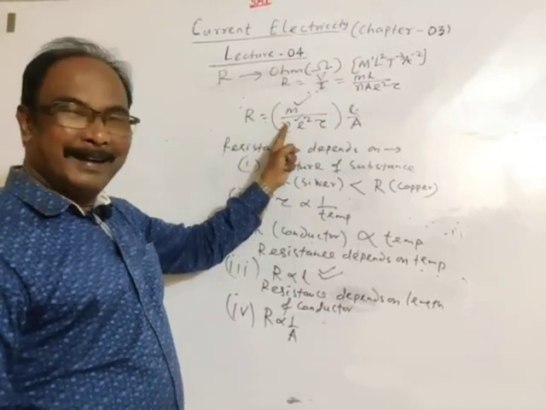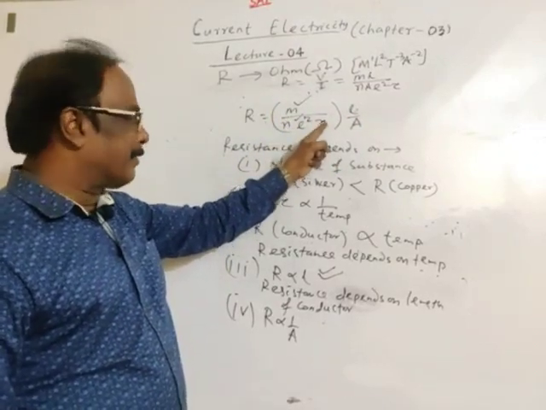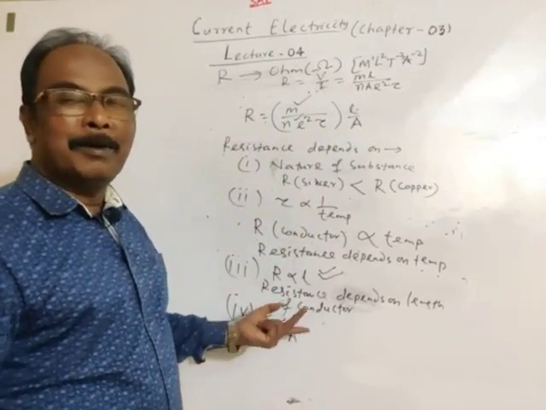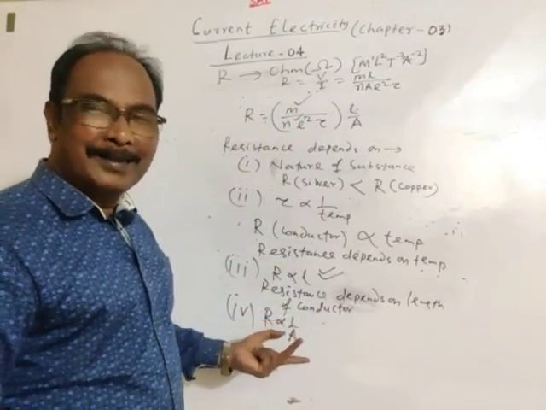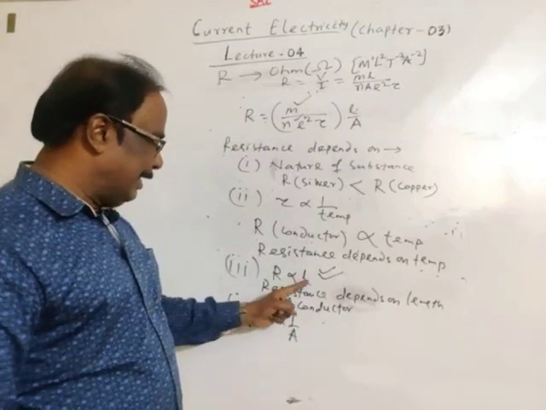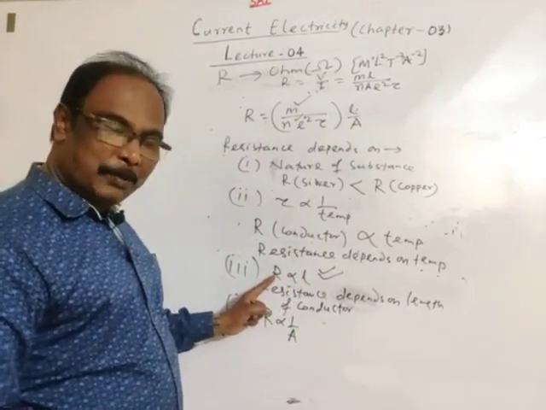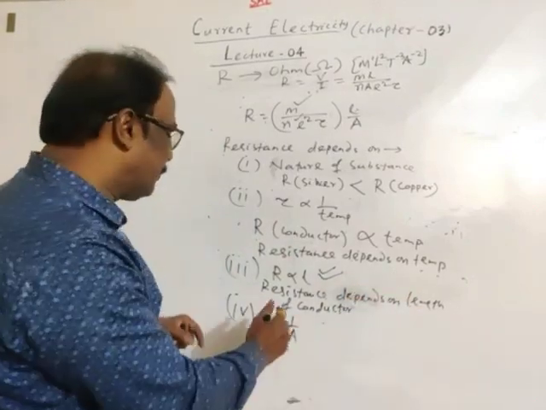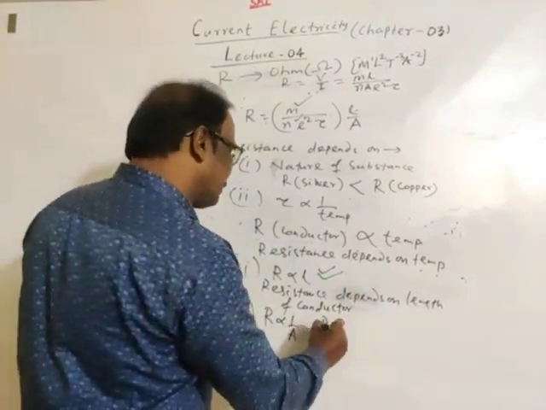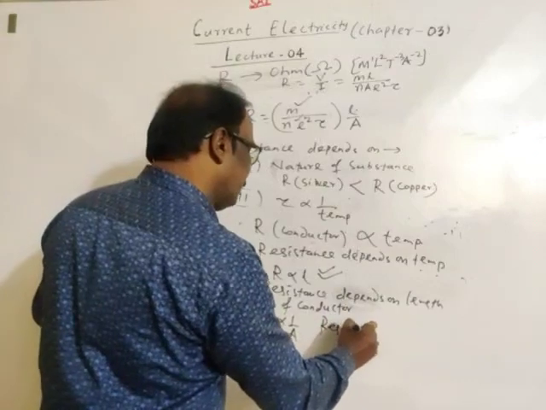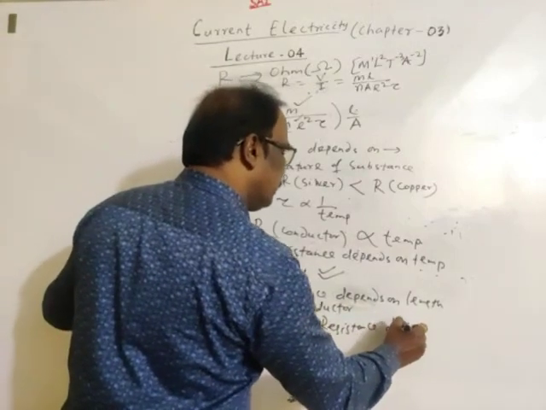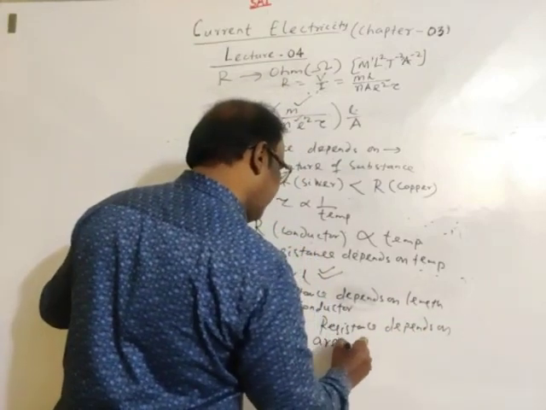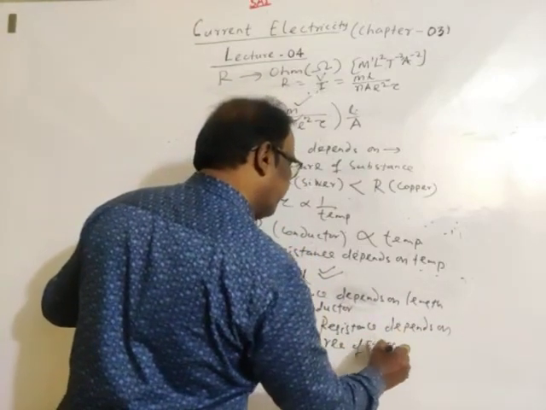For a given material at a given temperature, if length is kept constant, then resistance is inversely proportional to cross-sectional area. So if length is more, then resistance is more. If area of cross-section is more, then resistance is less. So we may write, resistance depends on area of cross-section.